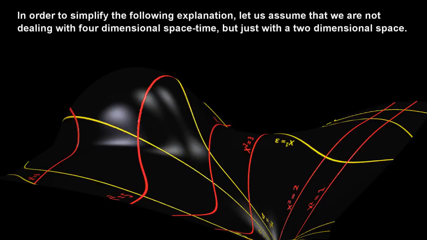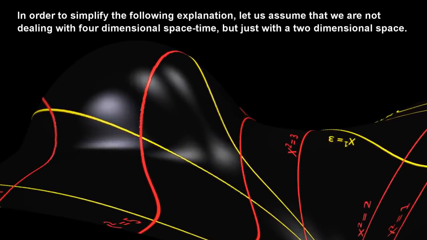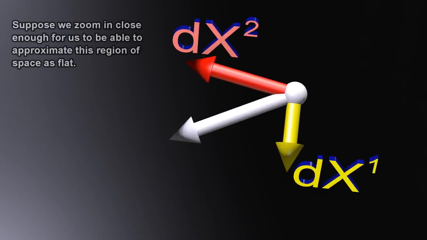In order to simplify the following explanation, let us assume that we are not dealing with 4-dimensional space-time, but just with a 2-dimensional space. Suppose we zoom in close enough for us to be able to approximate this region of space as flat.